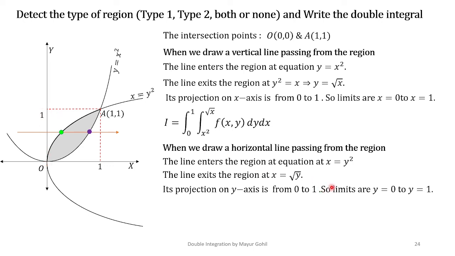So the limits for y are y equals 0 to y equals 1. When we write the double integral, it's going to be the integral from 0 to 1 over y, and the innermost integral will have y square to square root of y, f of x comma y, dx dy. The limits of x are y square to square root of y, and the projection limits are 0 to 1 for variable y.